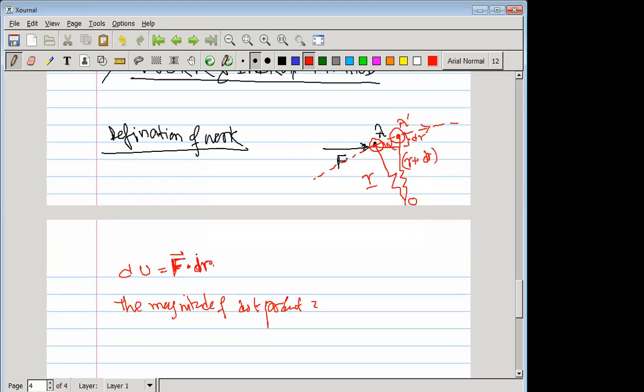So if we take the dot product of two vectors, what we find is the magnitude of force times ds times cos alpha. Here ds is nothing but the mod of dr, that is the magnitude of dr.